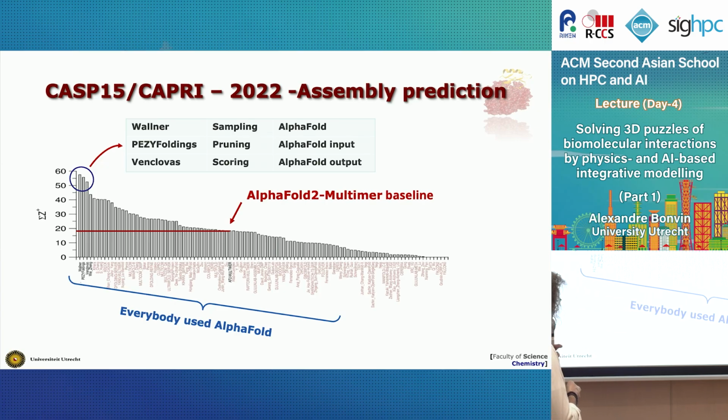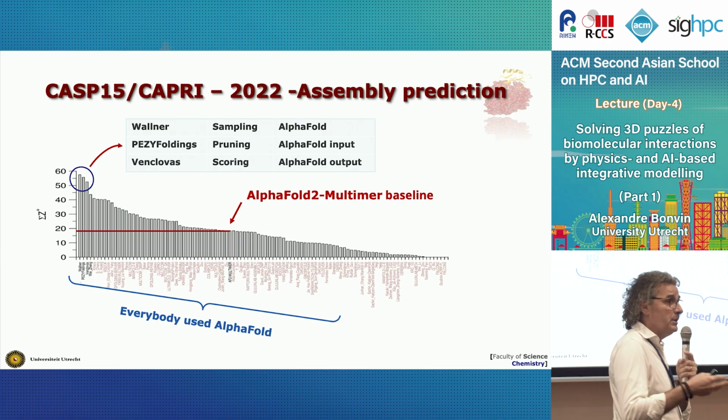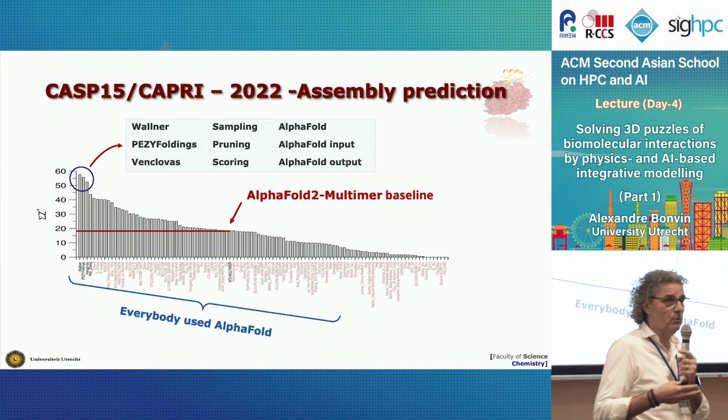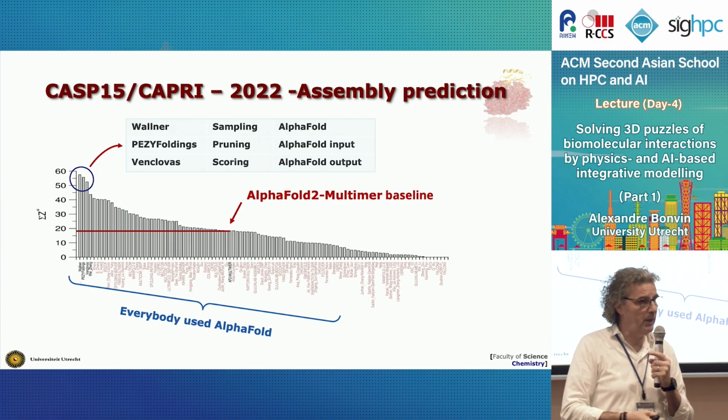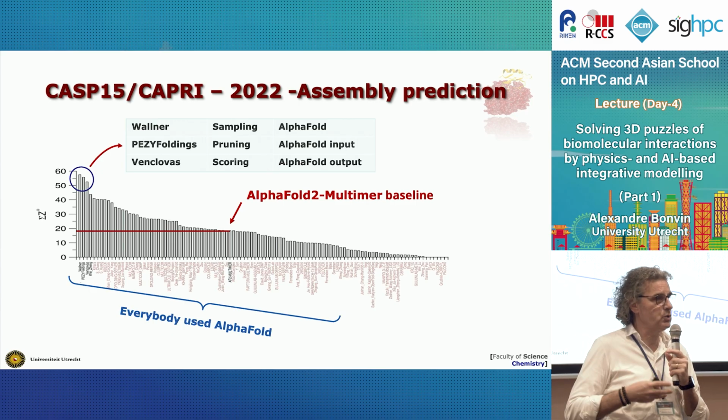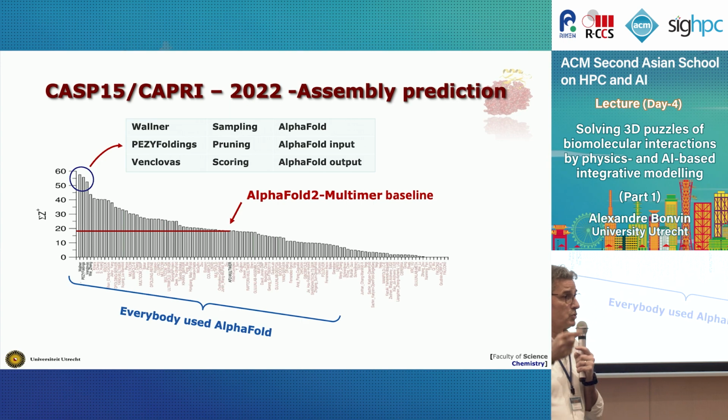The other groups that improved things were doing the standard number of predictions, but they started playing with the multiple sequence alignment. AlphaFold uses multiple sequence alignment to extract coevolution information that gives you distance information within your proteins, but also between your proteins. And you can do smart things in generating your multiple sequence alignment. By doing smart things, you basically make the coevolution signals appear better.